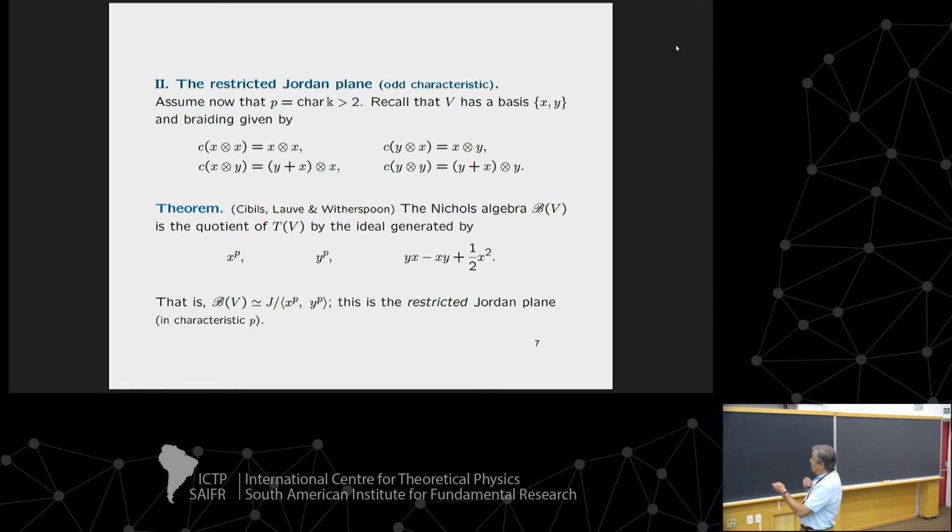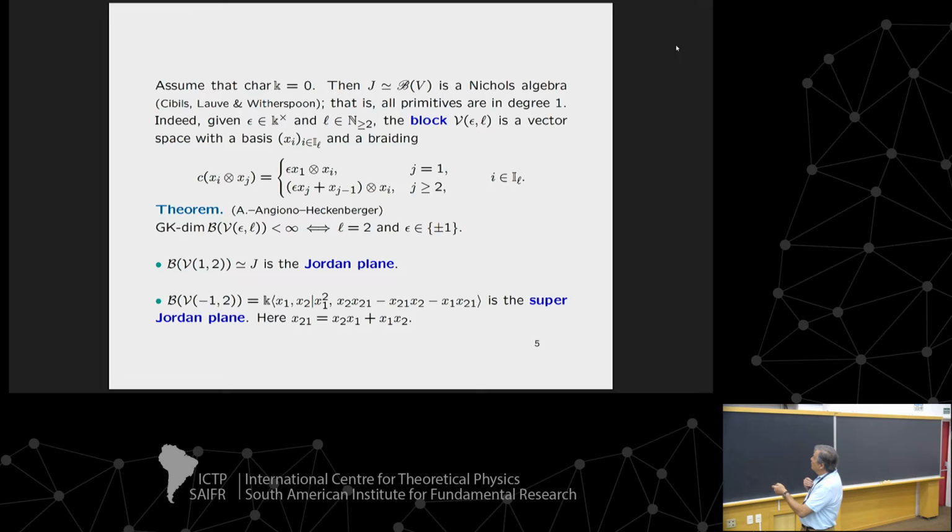It has an element which is nilpotent of degree of nilpotency 2, and a cubic relation, because x21 is this anti-bracket, x2, x1 plus x1, x2. So this has degree 3. In particular, observe that the super Jordan plane is not a domain, so it's not AS regular, and it has Gelfand-Kirillov dimension 2, because it has a PBW basis also.